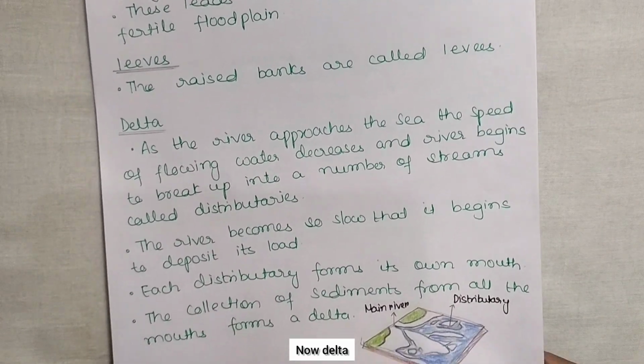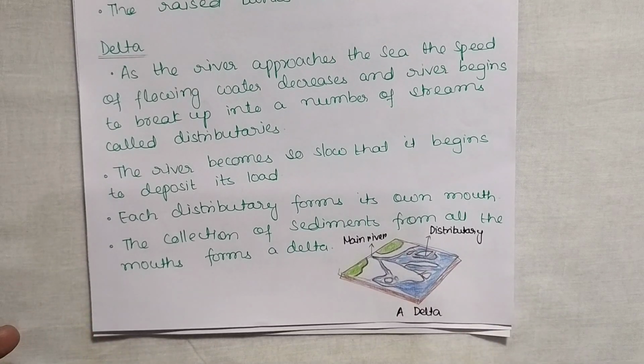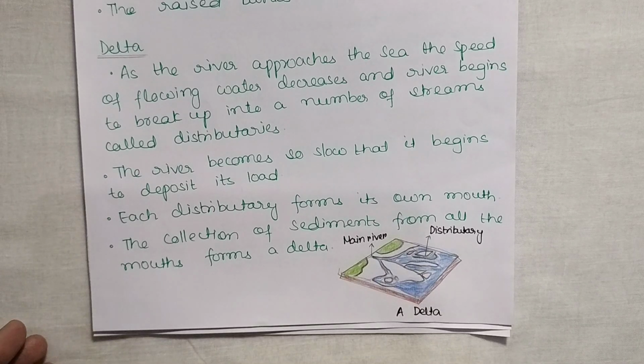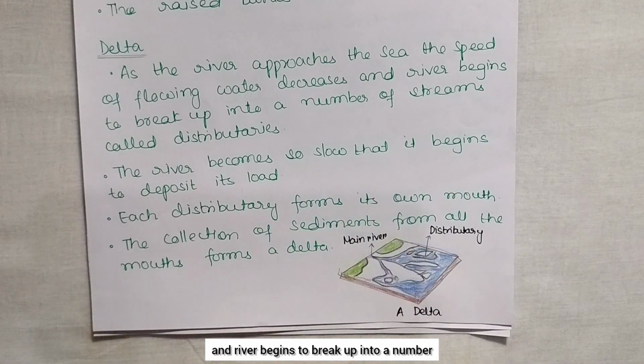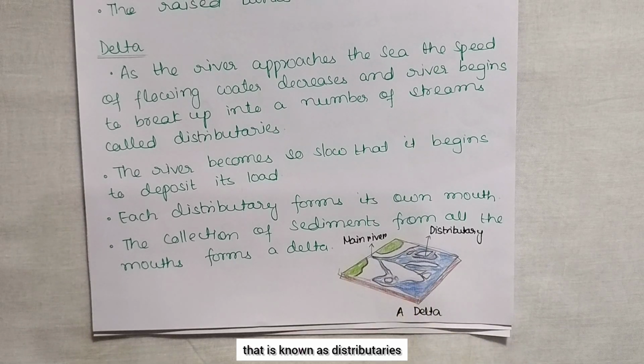Now delta. What is a delta? Let us see. As the river approaches the sea, the speed of the flowing water decreases and the river begins to break up into a number of streams called distributaries. See here, the main river is divided into small streams, okay, and that is known as distributaries.